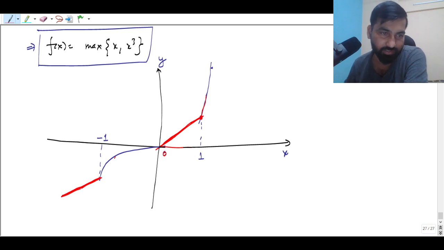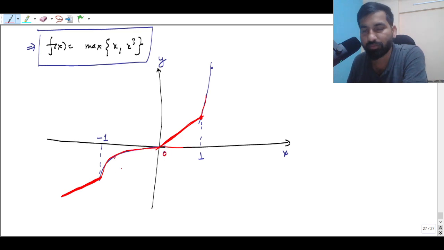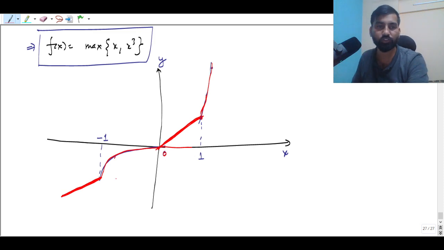right? So you are going to get this kind of a graph for f(x) equal to maximum of x comma x cube, okay, this is the situation. So between -1 to 0, the behavior is going to be kind of a curve here, right? Then a straight line between 0 to 1, and then it will again rise like this, understand? So you see how many corners are there. There is a turning point.